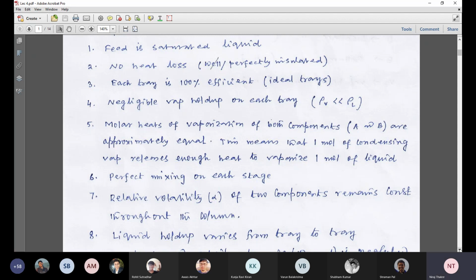Like we have considered in the fourth assumption, vapor holdup is negligible. But here we are considering liquid holdup is a variable, and it will have a differential term. We will see this liquid holdup variation when we model the distillation column.